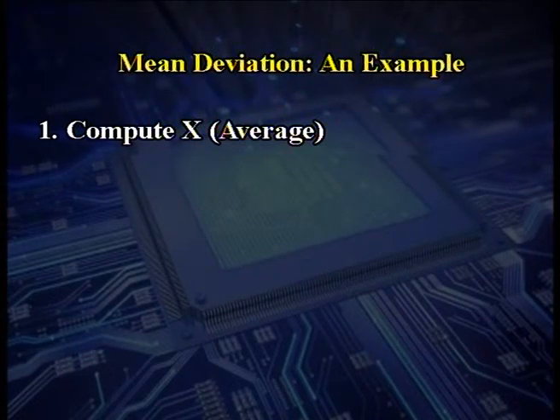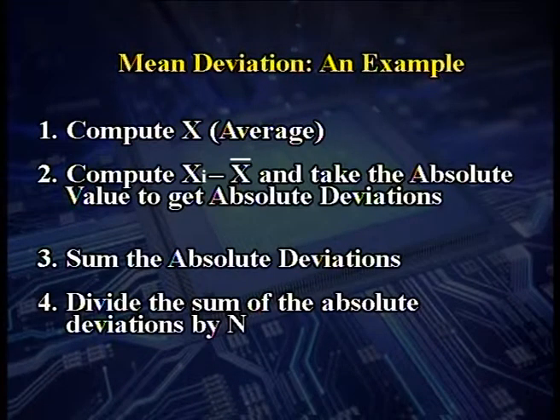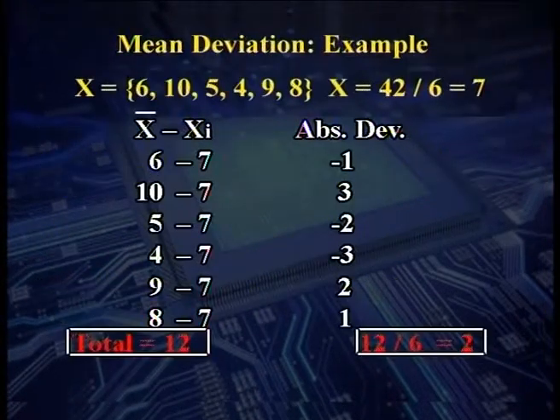We have first of all computed the average. By adding up all those numbers, we found the total and divided by 6 and got the average. Then the second step was xi minus x bar, where i takes values 1, 2, 3, 4, and so we found the deviations. We saw that some of those deviations were negative in sign and some were positive. When we sum up these deviations, we get 0. The sum of these deviations will be equal to 0.